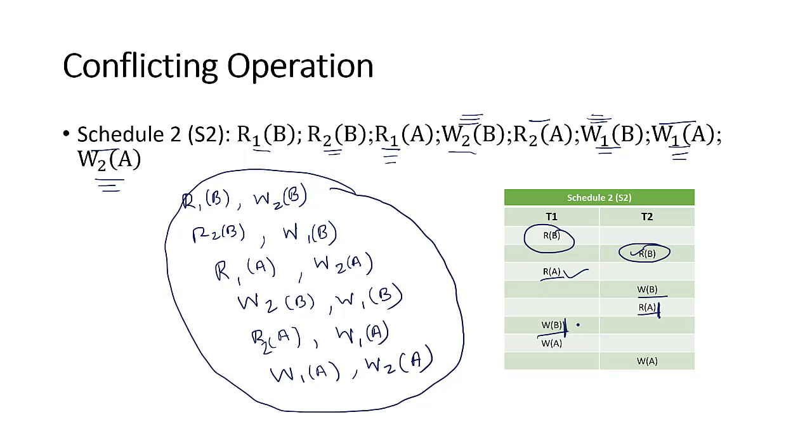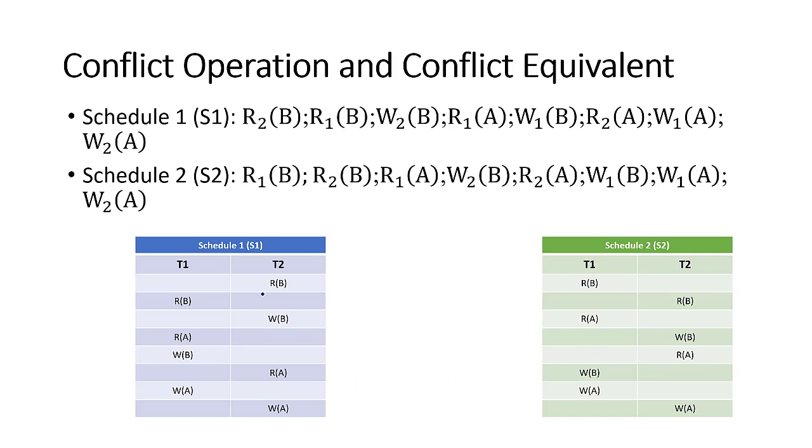How can we prove that two schedules are conflict equivalent? Now, if I want to prove the schedule 1 is conflict equivalent to schedule 2, then we are going to swap the non-conflicting operation of schedule 1 to make it similar to the schedule 2. So these two are the non-conflicting operations, so we can swap them. After swapping, the transaction will look like this.